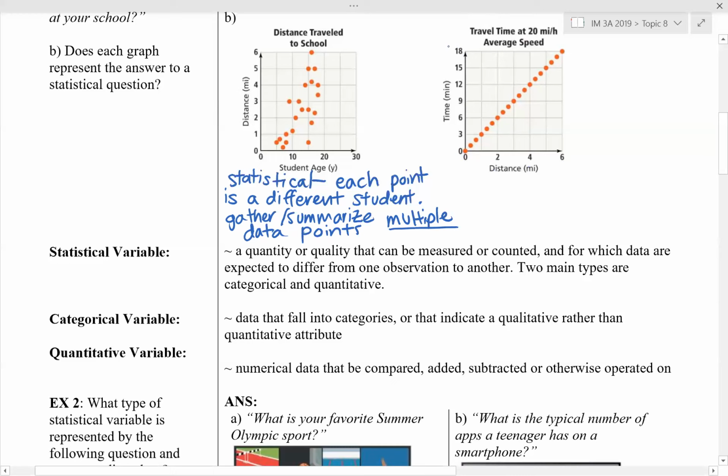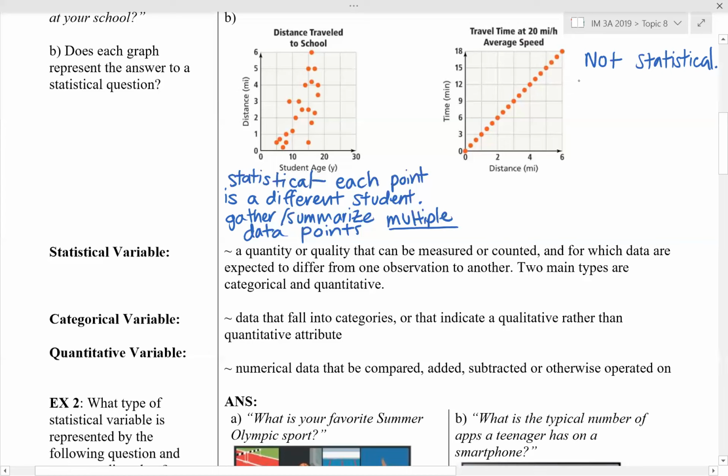So this is not a statistical question, mostly because if I think about the question that's asked, if I want to know how far this vehicle or person, whatever it is, has traveled after a certain amount of minutes, the answer's set. I multiply the minutes times the speed. And so that means that it's not statistical.